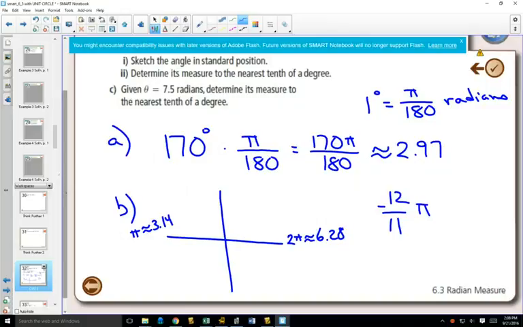If we're going in the negative direction, we'd be going this way. Here is 1 pi, right? 11 pi over 11 would be 1 pi. And then you need to go a little bit more. This would be that angle, negative 12 over 11 pi in standard position.